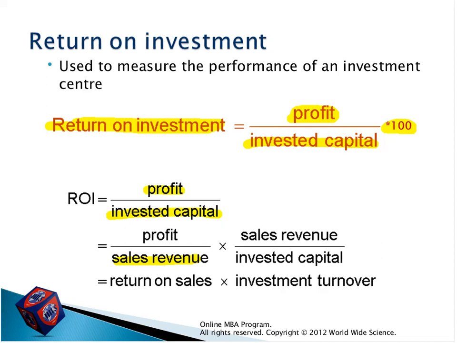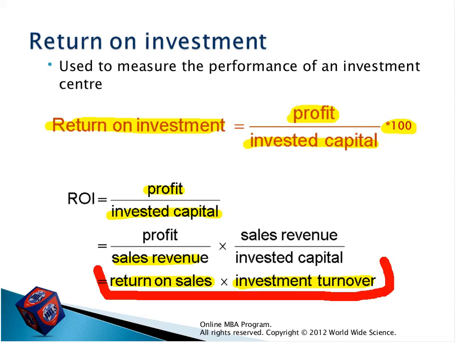After that comes the return on sales multiplied by investment turnover. So this is another formula you can use to find your return on investment. But basically the first formula is better and easier for calculation, though this can be used as well: return on sales multiplied by the investment turnover gives you your return on investment.